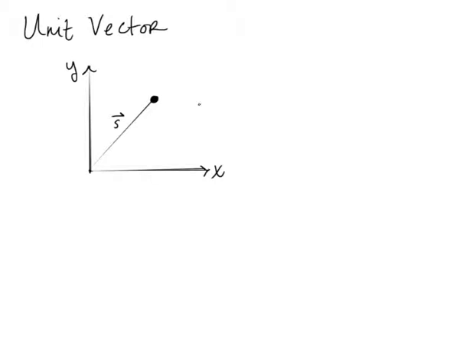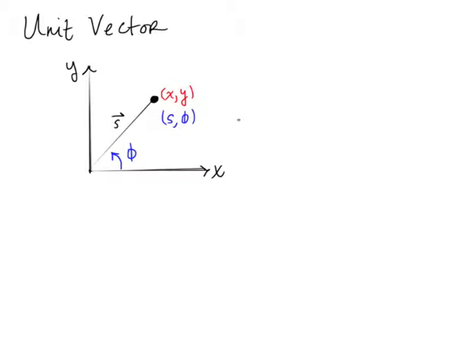We can describe it in Cartesian, with coordinates x and y, or in polar, with s and phi, where phi is this angle from the x-axis to s in the positive direction.